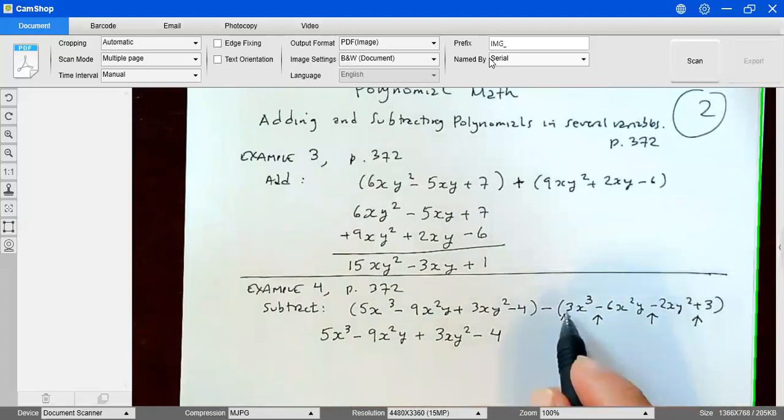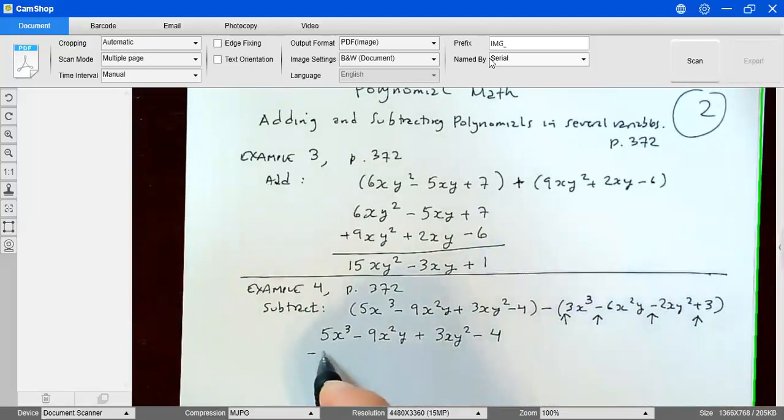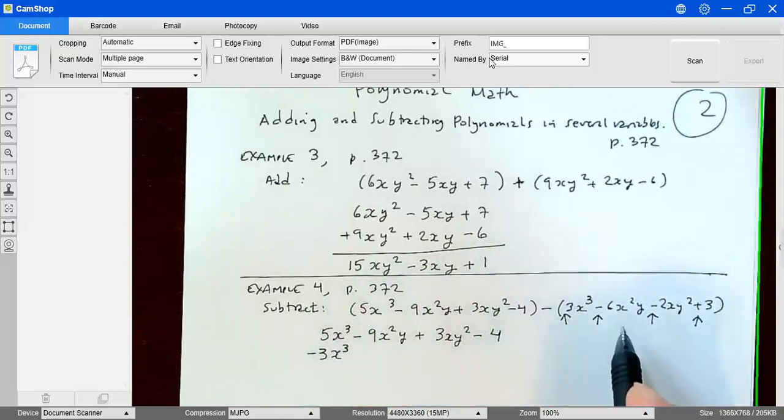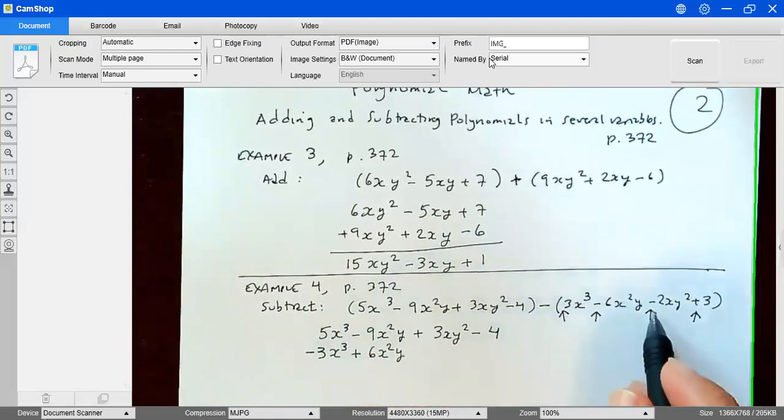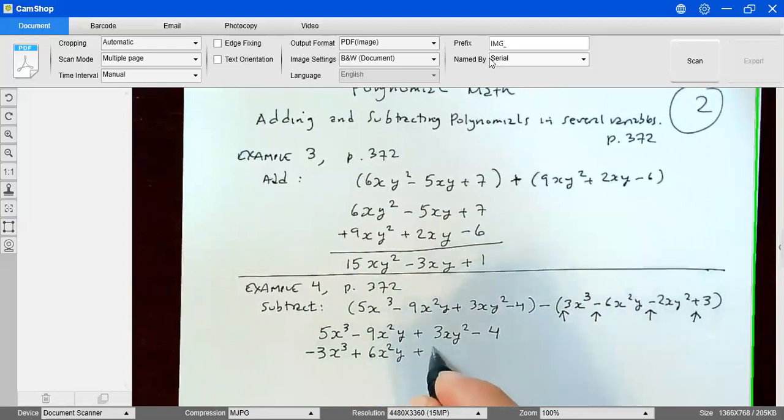So this 3 is positive inside of the parentheses, so it's going to become negative once we remove the parentheses, and x cubed goes in this column. Then this negative is going to become positive 6x squared y. Just check that you are aligning like terms. Then this negative becomes positive 2xy squared, and this positive becomes negative 3.